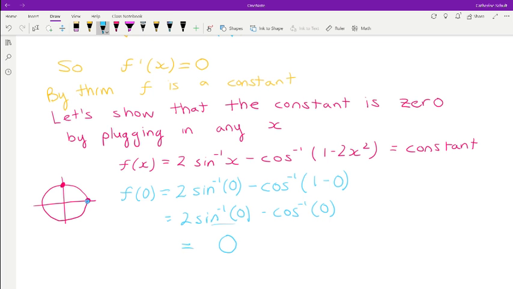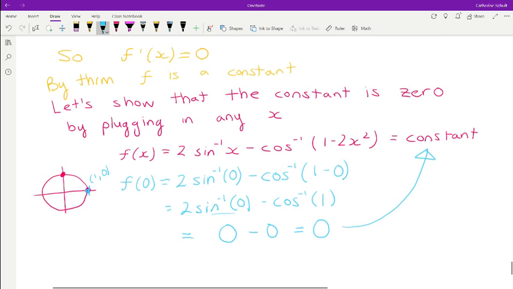Oh, I did that wrong. Where is the cosine 1? Well, the cosine is 1 here, right? Because this is the point 1, 0, x, y, cosine, sine. So there you go. The constant is 0. That's what we were trying to show. So it's not just any constant now, it's 0.